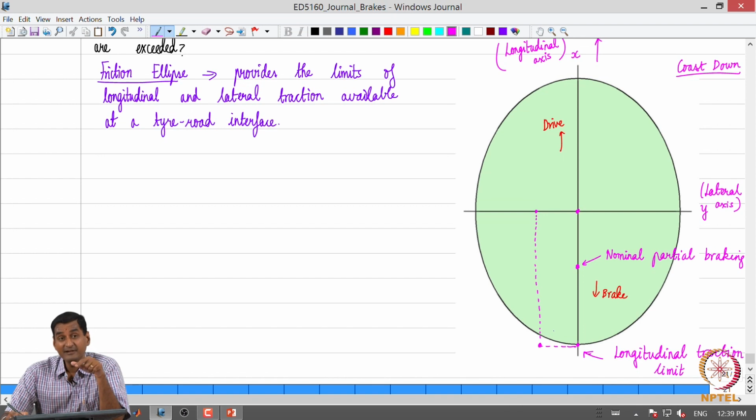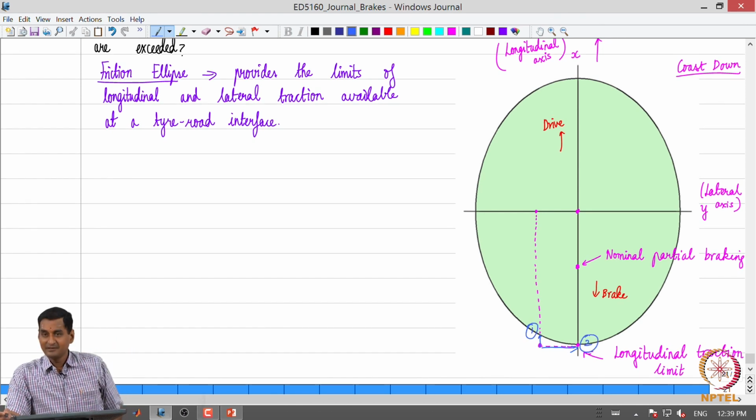You can immediately see that there are multiple ways by which I can go to the boundary of the ellipse, but the two natural choices would be to go from here to here or here to here. Let us call these choice 1 and choice 2.